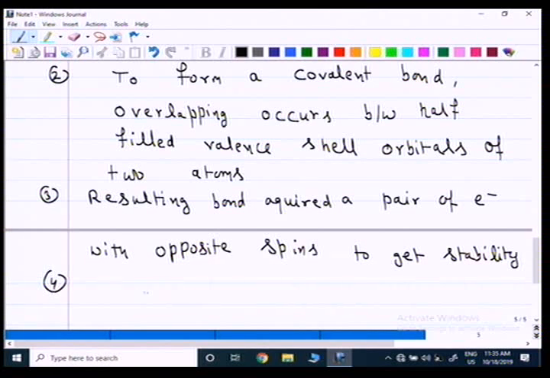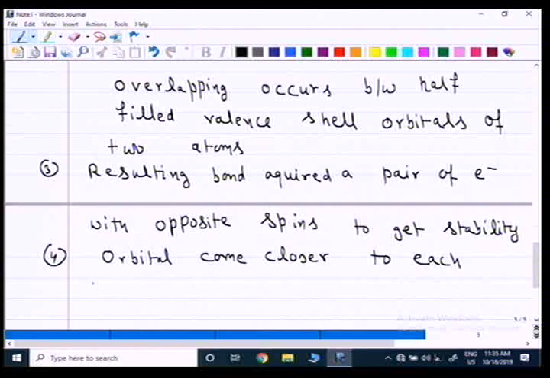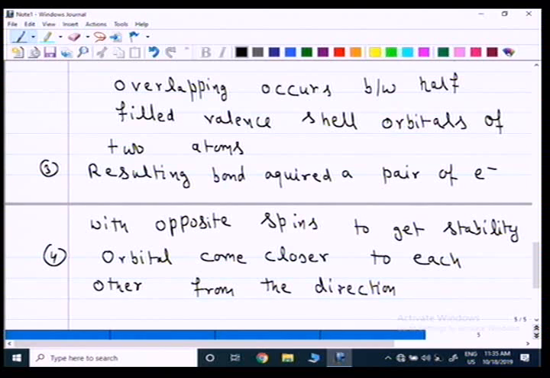Number 4, orbitals come closer to each other from the direction in which overlapping is maximum.